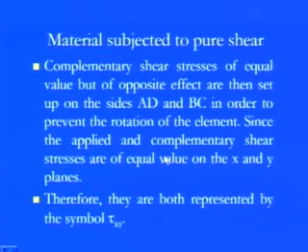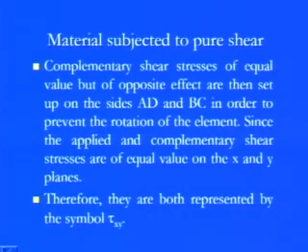Now, the complementary shear stresses I was talking about have an exactly equal and opposite effect against the applied shear stresses on the two different sides, AD and BC, in order to prevent rotation of the element. If we want to maintain the equilibrium of the element, we have to put in the complementary shear stresses.